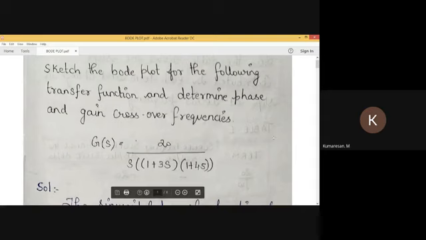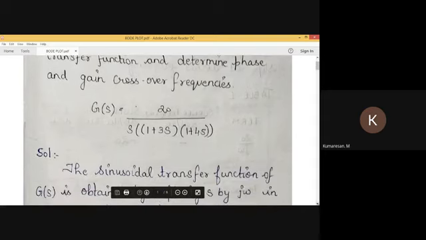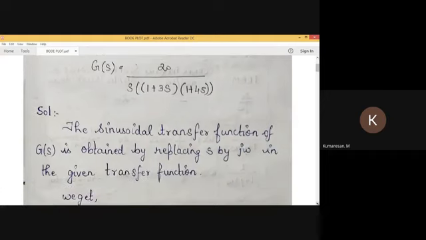Now, what are we going to do? First, we are going to change S tends to J omega, because now we are going to write the transfer function in sinusoidal manner. The sinusoidal transfer function of G of S is obtained by replacing S by J omega in the given transfer function.